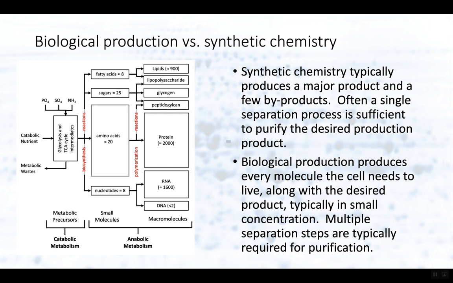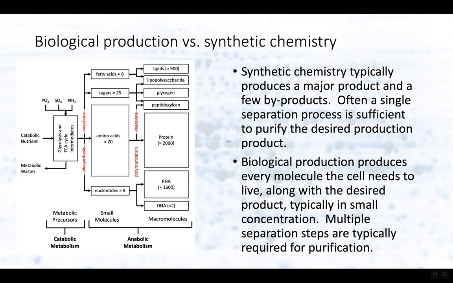And it does that by consuming a relatively wide variety of reactants that are coming in. Even in a simple defined media system, we have to supply phosphate, sulfur, nitrogen, and some sort of catabolic nutrient or sugar that the cell can use.